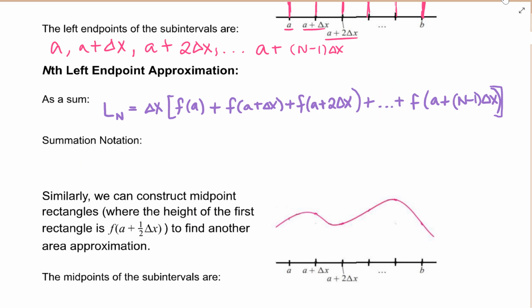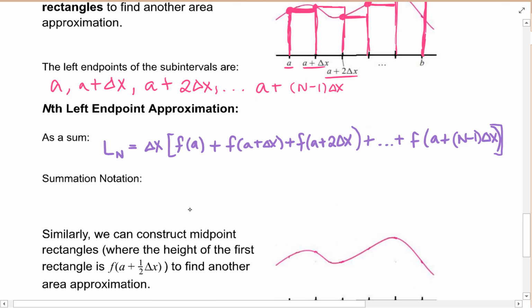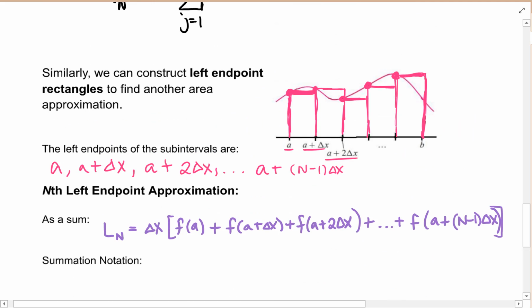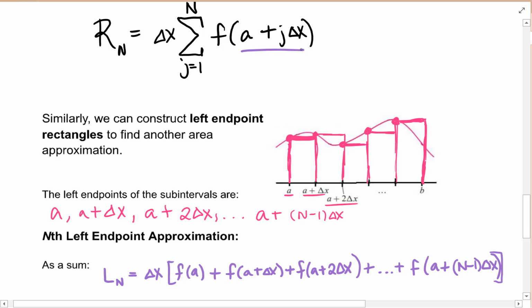And in summation notation, we actually have the same general term as the right endpoints, f of a plus j delta x. But instead of starting at j equals 1, where we're starting at a plus 1 delta x, we're actually going to start at a.